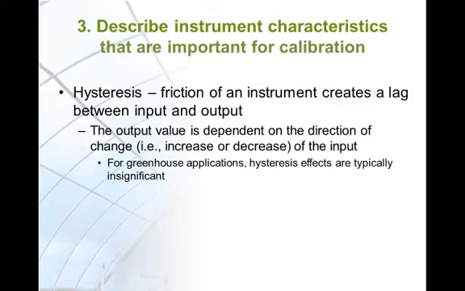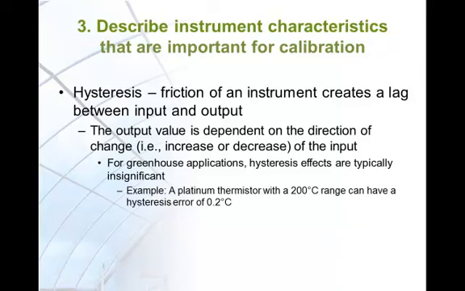For greenhouse applications, hysteresis effects are typically insignificant due to its small error. For example, a platinum thermistor with a 200 degrees Celsius range can have a hysteresis error of 0.2 degrees Celsius. What size error becomes significant?